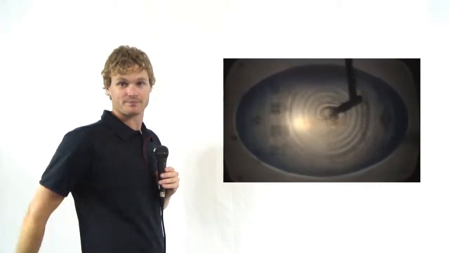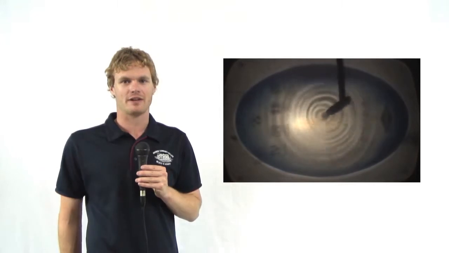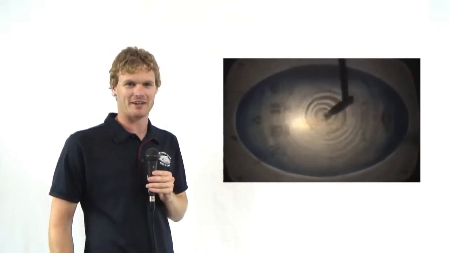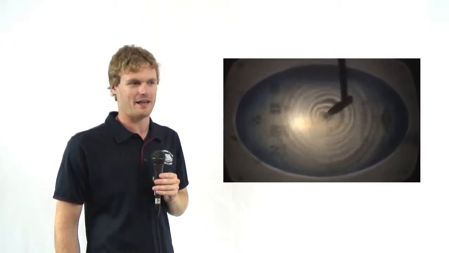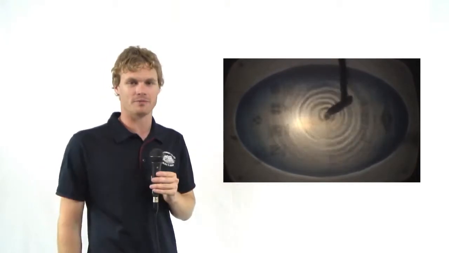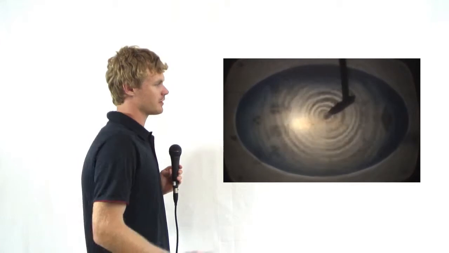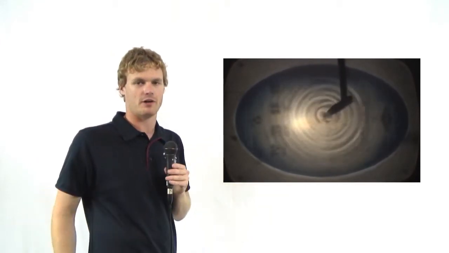So if I get this up, what I've got here is a wave generator. This is the homemade wave generator that I made using an overhead projector, a container, some water, and a pin to cause the ripple. So we can see when the ripple was caused, we get the wave leaving the source in a circular fashion away.